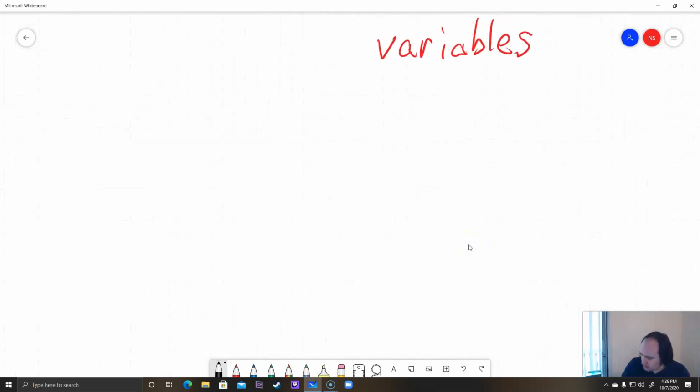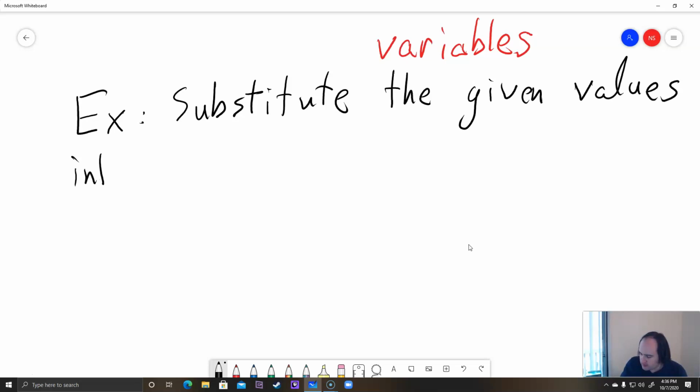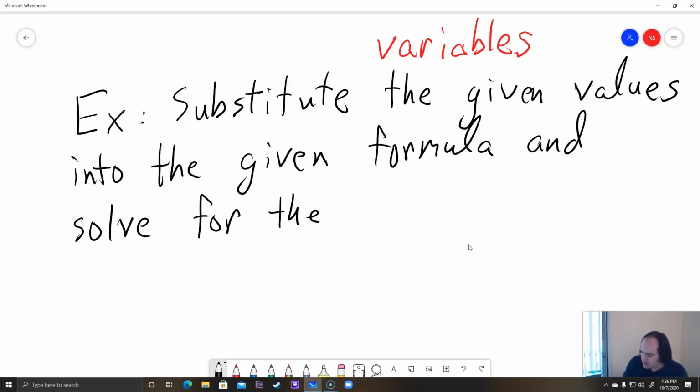Okay, so let's do an example. Substitute the given values into the given formula and solve for the unknown variable.